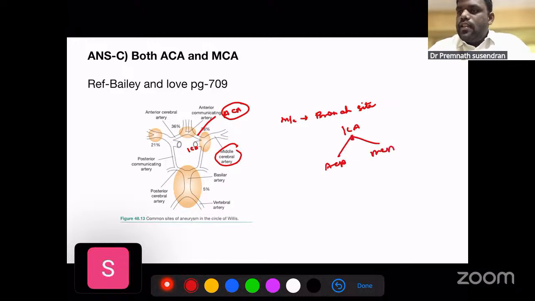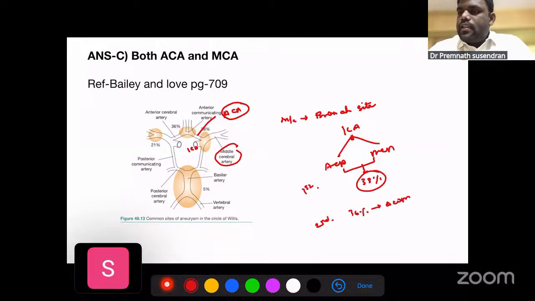At the junction only, the patient develops more percentage. That is 38% between ACA and MCA, and the next 36% is ACOM aneurysm. So the first option is the branch point of ACA and MCA, and the second best option is ACOM aneurysms.